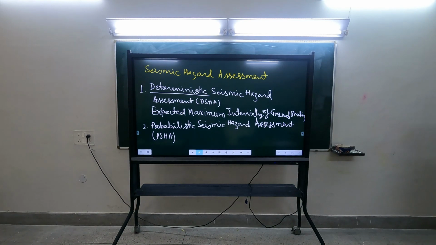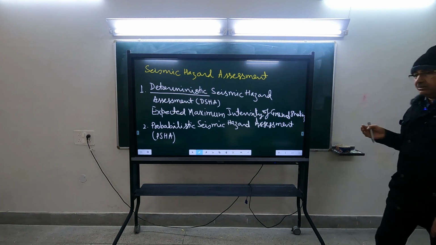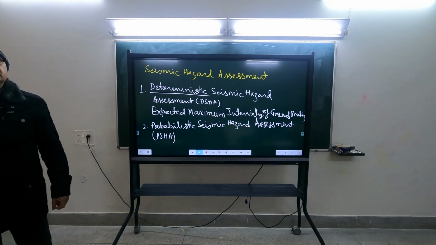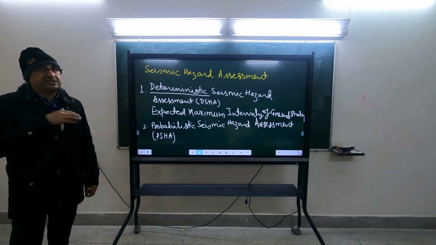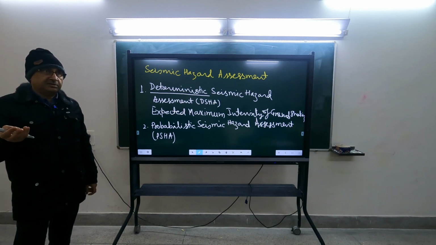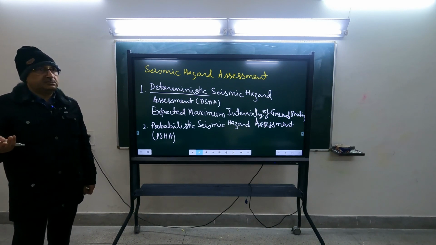We are using effective peak ground acceleration, not PGA. So intensity can be represented just by EPGA or with the full response spectrum. So using DSHA, we can obtain either PGA or any spectral ordinate, Sa at 1 second, Sa at 0.2 second, like that, or the full response spectrum.